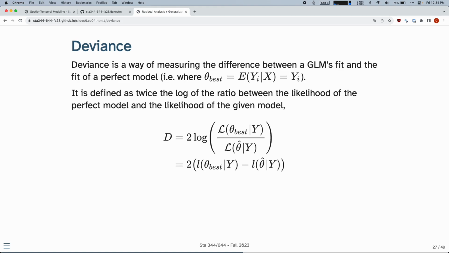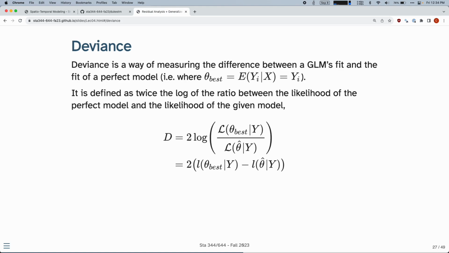Minus, then that cancels with that, and the negative cancels with that.